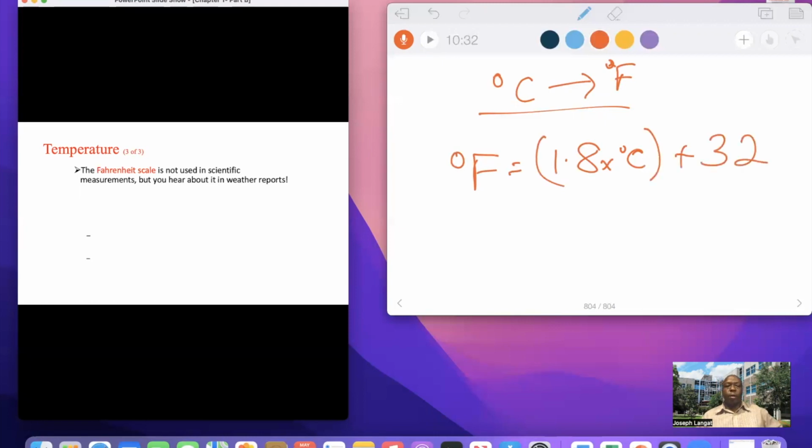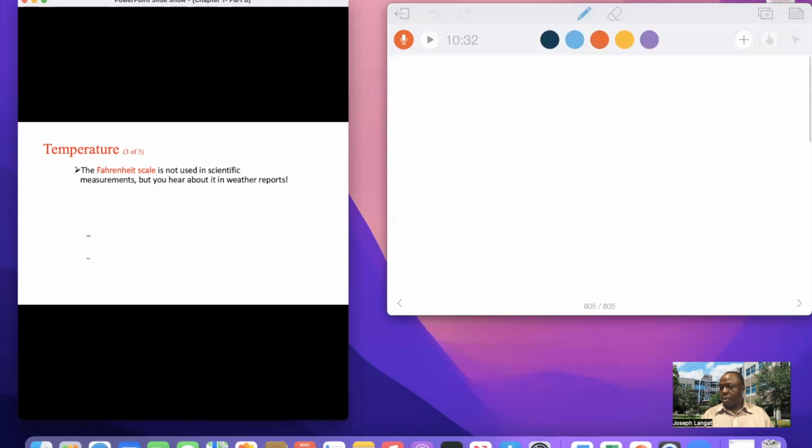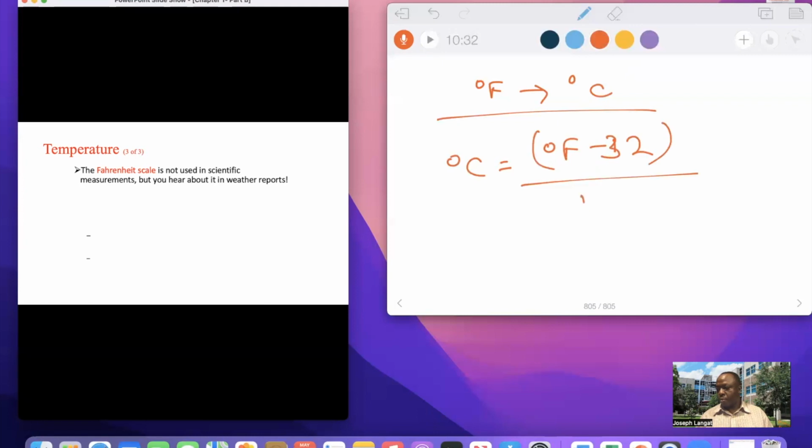I know there are other uses, 5/9 or 9/5, it doesn't really matter, it's the same thing. And if I want degrees Fahrenheit to degrees Celsius, that means degrees Celsius is given by Fahrenheit minus 32, do that first, over 1.8.